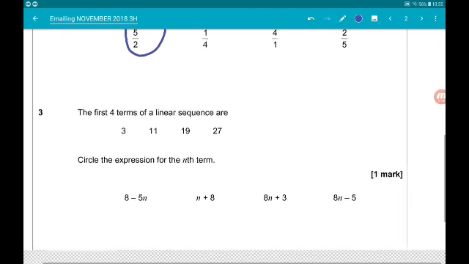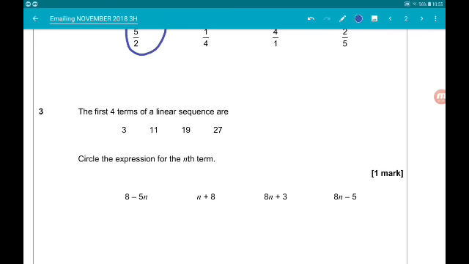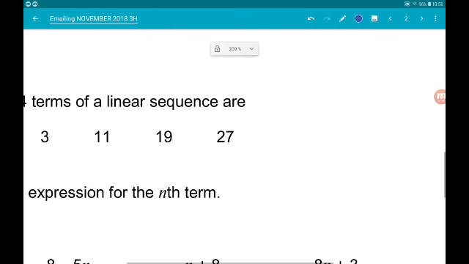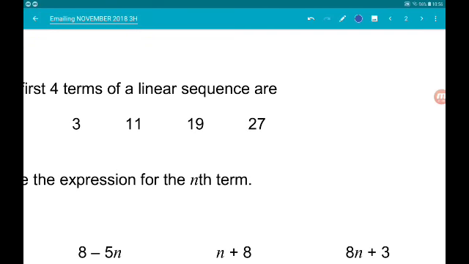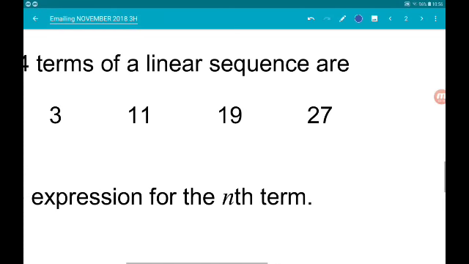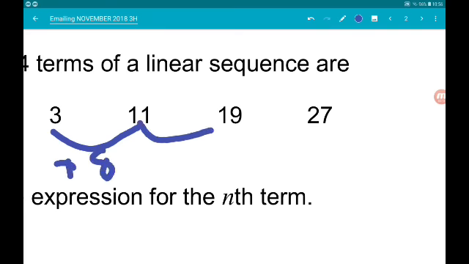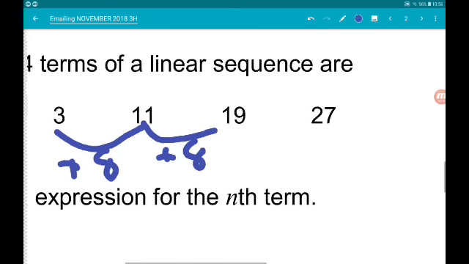Question 3. The first 4 terms of a linear sequence are 3, 11, 19, 27. We want to circle the expression for the nth term. Okay, so my sequences playlist is down below. I've got you covered on linear, geometric, Fibonacci and quadratic. So for these, find what we are going up or down in. So here we're adding 8.